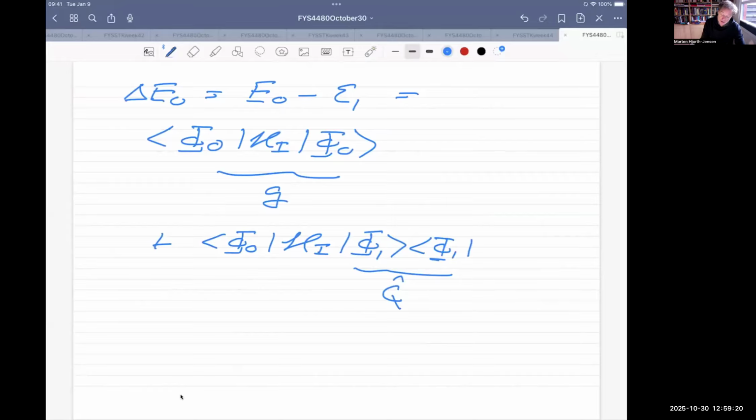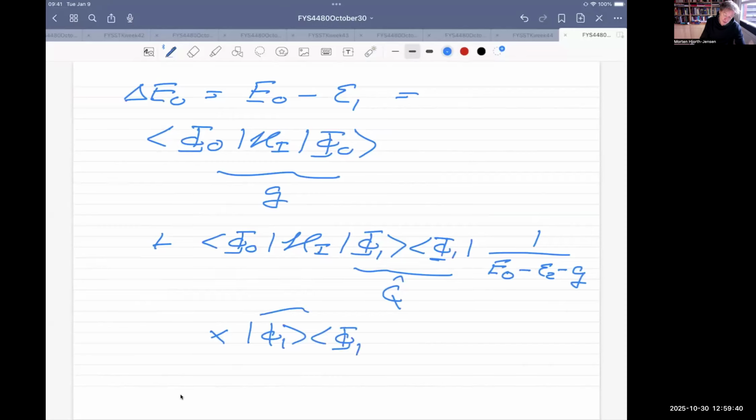Now this operator Q, when I now set up the energy denominator, is simply going to be given by E0 minus epsilon 2 minus g, and it's then multiplied by phi 1, and then we are setting up the operator Q again.